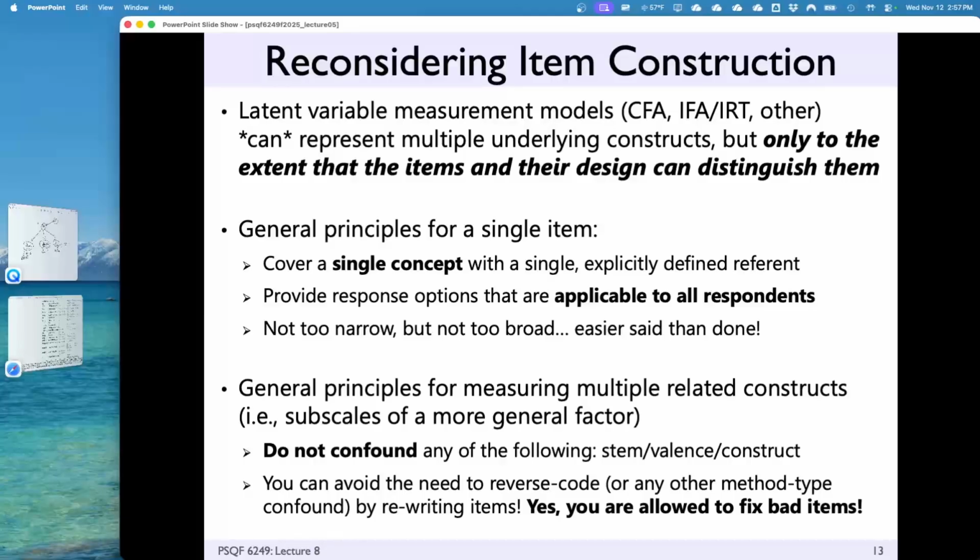And then there are general principles for measuring multiple related constructs. The previous ones were for a single item. The constructs themselves should not be confounded with any of the following: stem, valence, or construct, right? So what do I mean by that? The item stems. If you always ask a question with the stem, I believe that, I believe that, I believe that, and you have people try to organize. And then one of the questions was, I think that. And then the other one was, I believe that, I believe that. Turns out that the different stem may cause people to read it and respond to it a little bit differently, which shows up in your analysis.